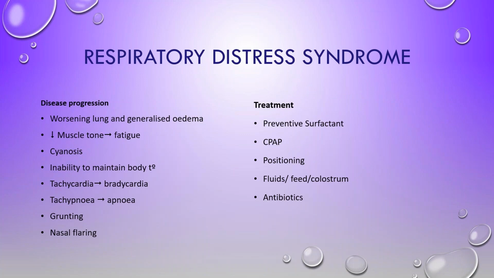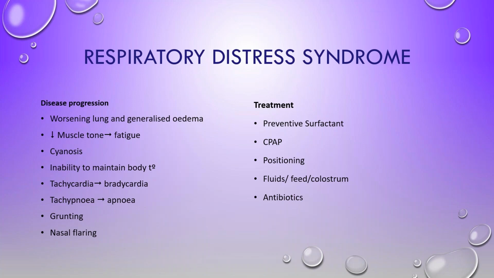So how does it progress? There's worsening lung compliance, and there's generalized edema as well. So there will be lung edema, and there could be generalized edema because of us giving fluids, trying to catch up. There's a decreased muscle tone, which comes with fatigue. There's cyanosis. There's an inability to maintain their temperatures.